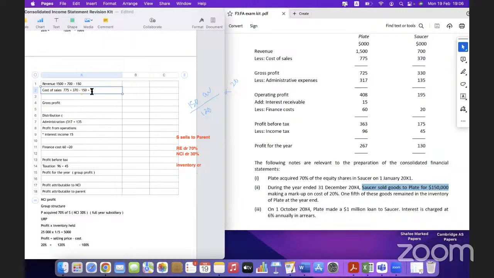So summarize in your notes: no matter who sells to whom, once we get the URP, cost of sales is always plus. Why is that? Because the inventory gets credited in both situations. When the parent is selling, inventory is credited. When the subsidiary is selling, inventory is also credited.